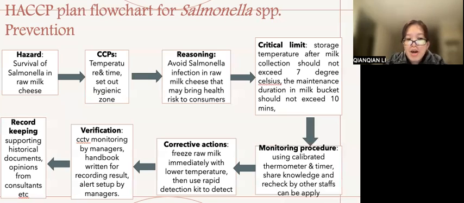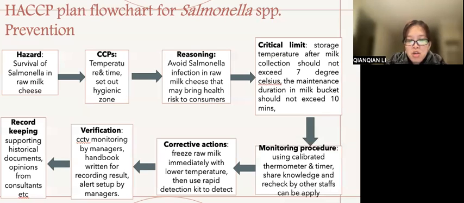And the last principle is record keeping. During the HACCP process, the company, like Honeyco, should consider consultation by a consultant, an expert.